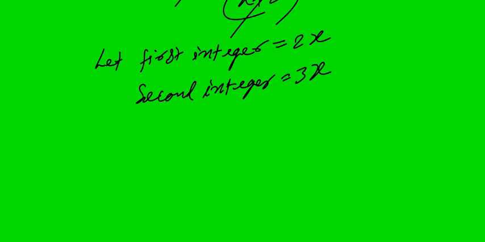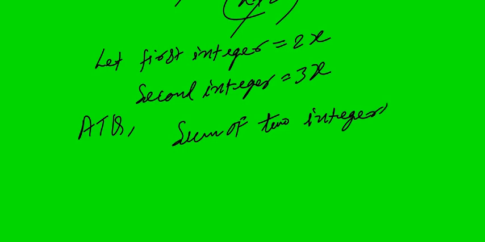Now according to the question, the sum of two positive integers is equal to 105. So in place of the first integer and second integer, we have already 2x and 3x. So we can write 2x plus 3x is equal to 105.